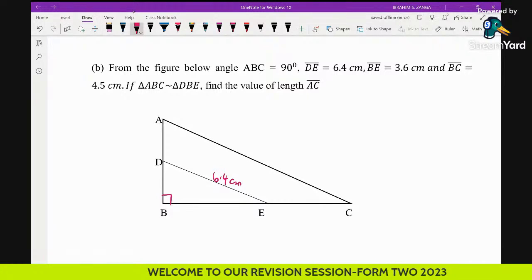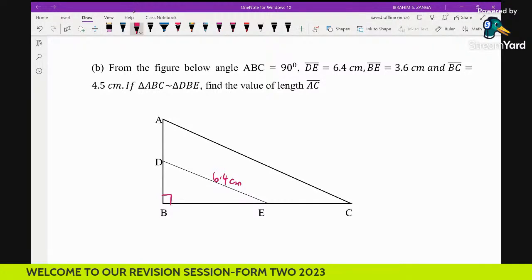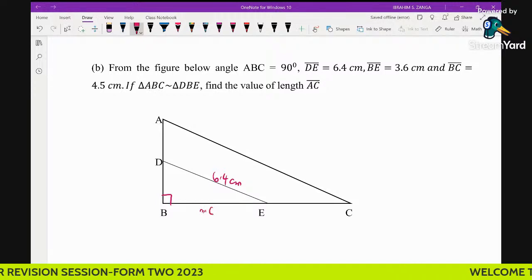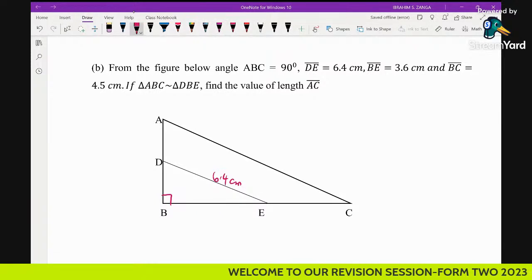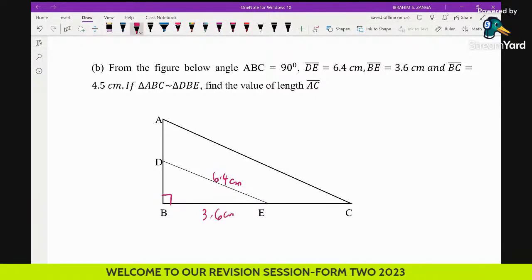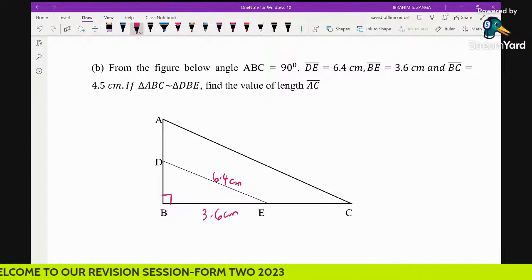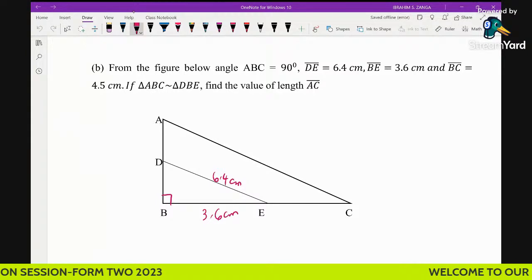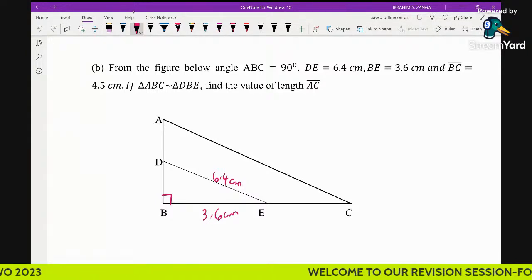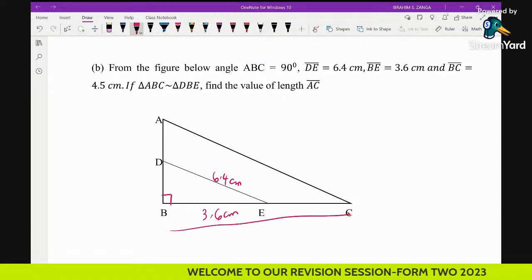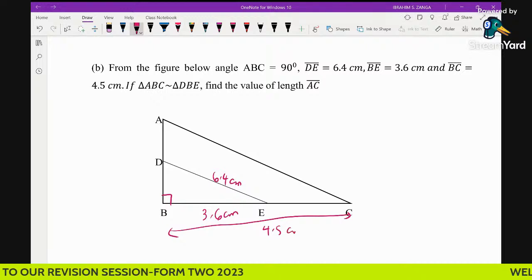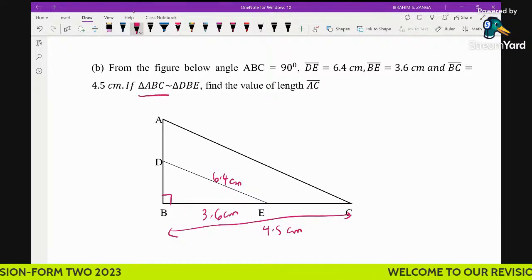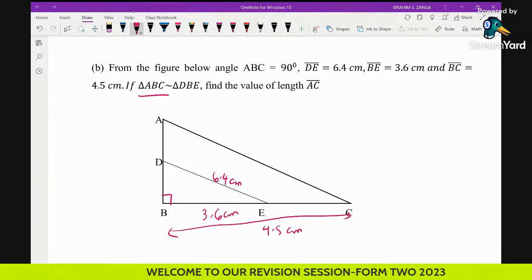BE is 3.60 centimeter, and BC is 4.5 centimeter. So if triangle ABC is similar to DBE, find the value of length AC.